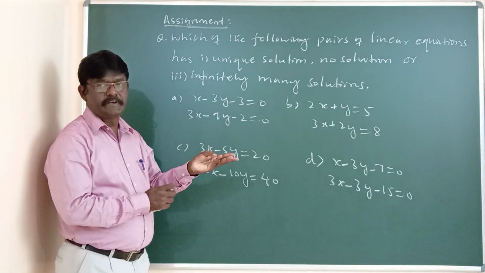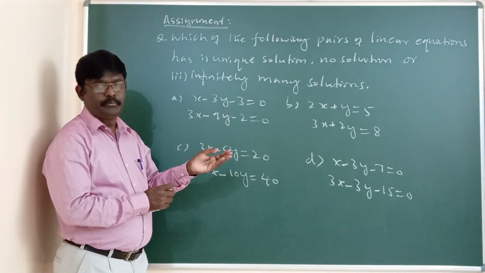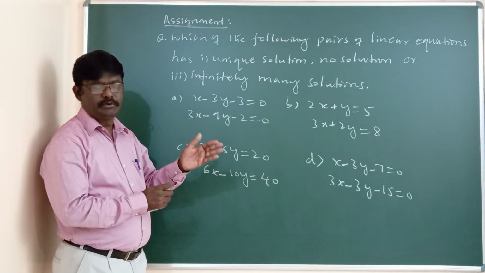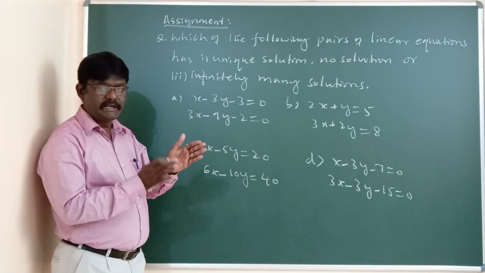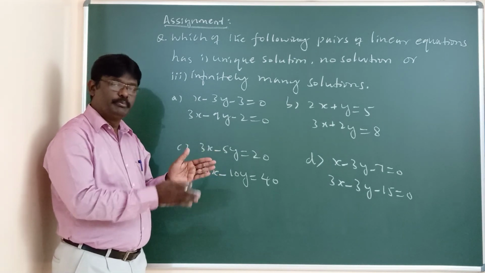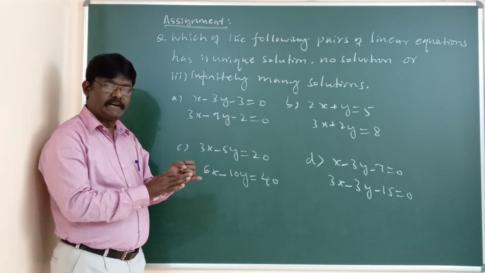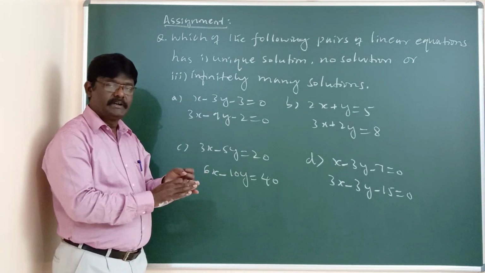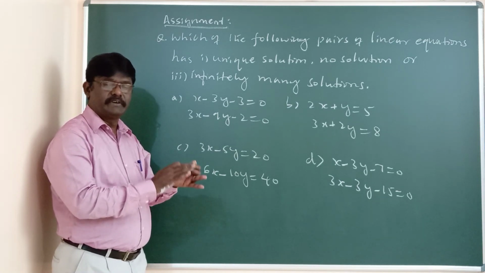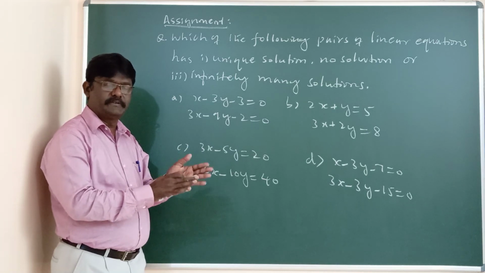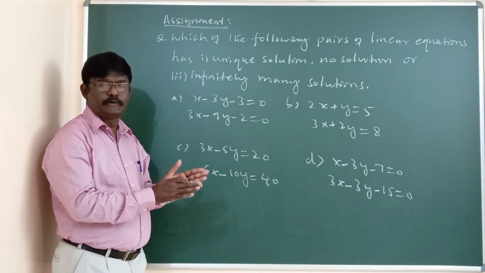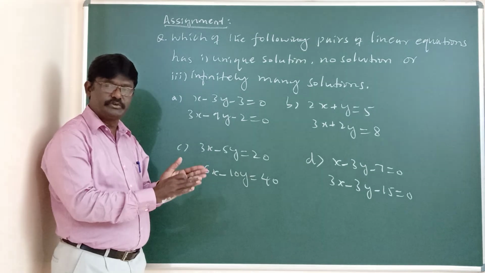Pick the coefficients a1, a2, b1, b2, c1, c2. Get the ratios. Then compare the ratios. Based on that, we will know the type of lines. Then that will tell us whether the equations have a unique solution, no solution or infinitely many solutions.